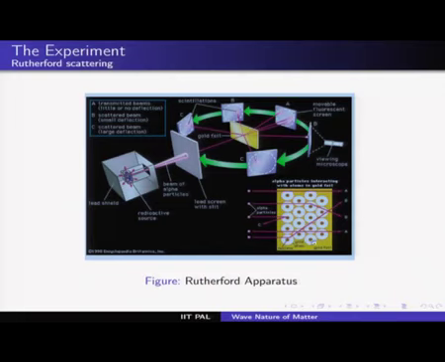That is the experiment, and this is a representation of the experimental result. We find that particles which are moving very far away from the atom are probably not getting scattered at all, whereas particles which are moving very close to the center of the atom are getting back scattered.